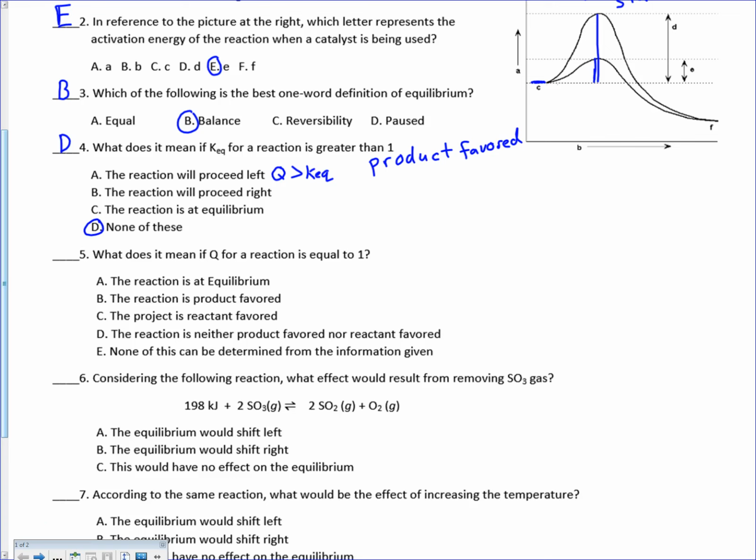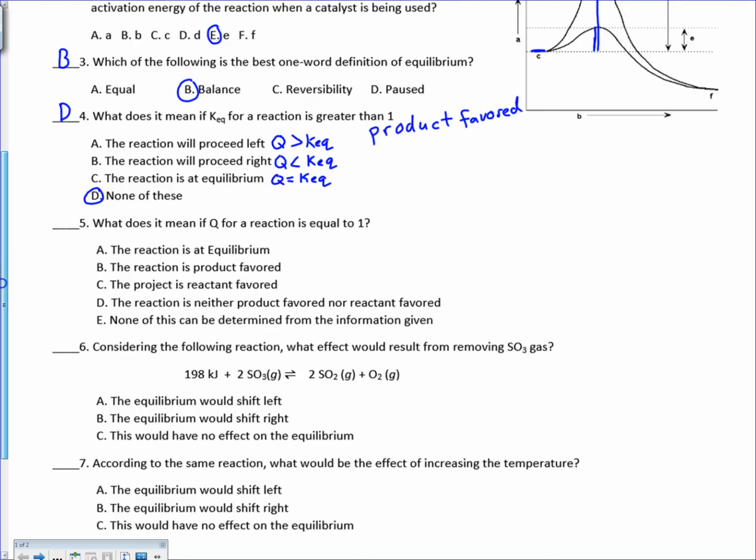If it's going to proceed right, that means Q is less than Keq. The reaction being at equilibrium means Q equals Keq. So these are all talking about Q, which is the reaction quotient. It's not talking about Keq. And so the correct answer on this one is none of these.